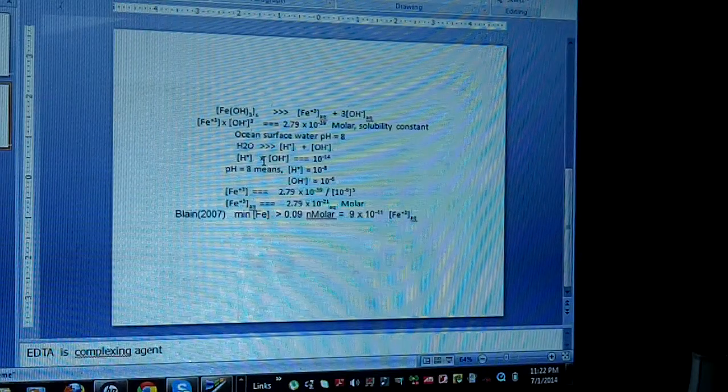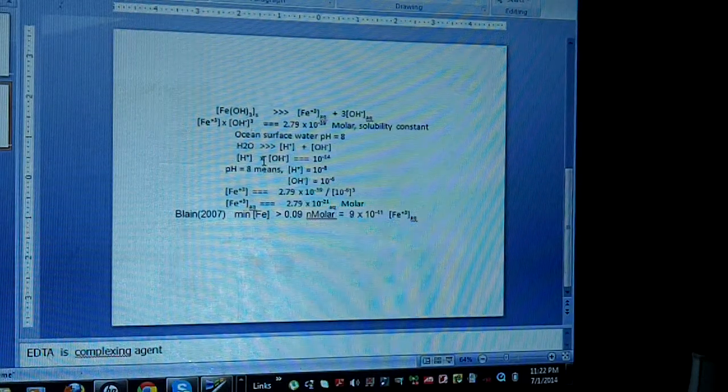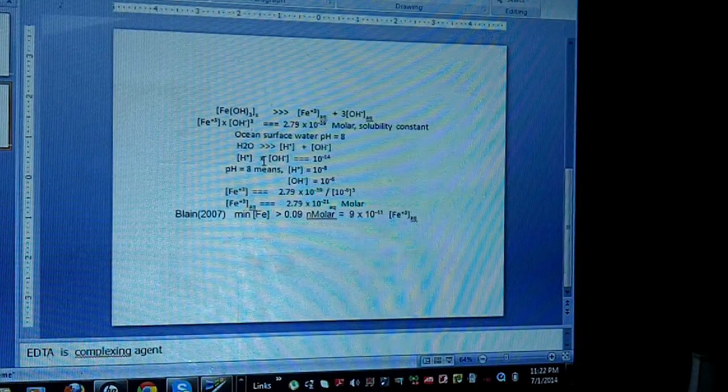We have 2.79 times 10 to the minus 39 over 10 to the minus 18, because 3 times 6 is 18.